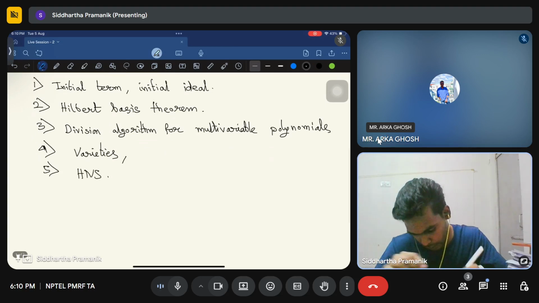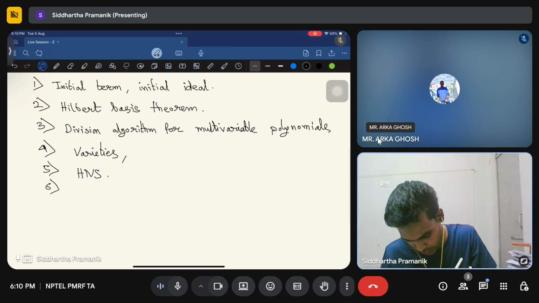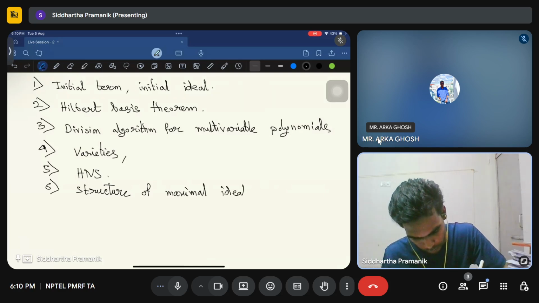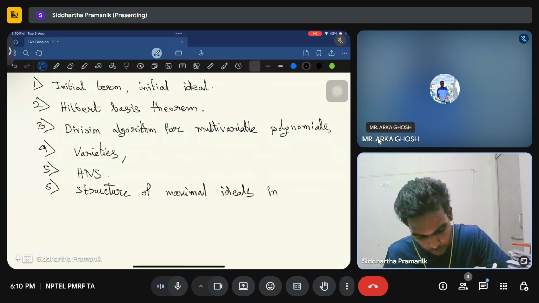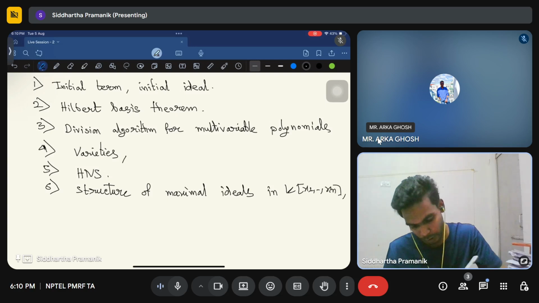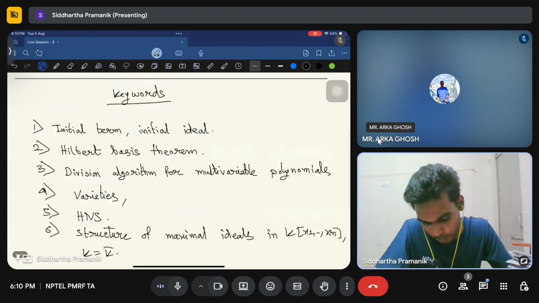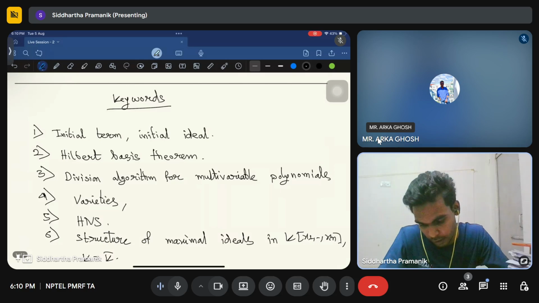And meanwhile, we have also seen the structure of maximal ideals in the polynomial ring over a field K, where K is algebraically closed. So these are the rough list of the topics which have been done in the second week.